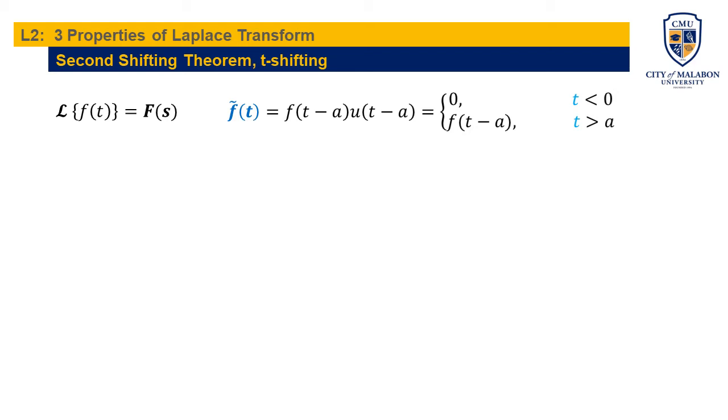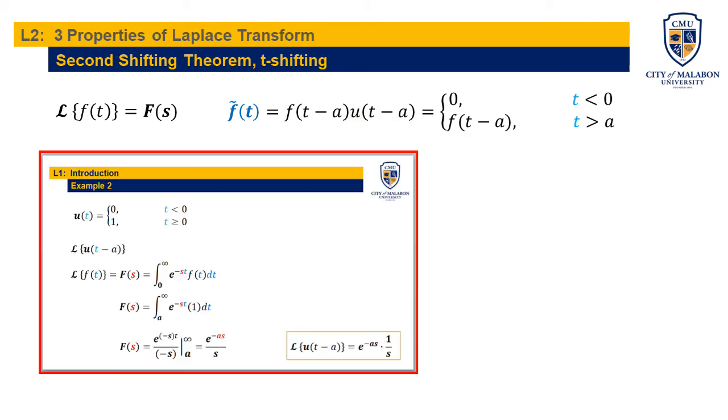So, kung maaalala natin itong u of t minus a, sinolve na natin yan doon sa ating first lesson, right? Yung example number 2, yung tinatawag nating step function or yung heaviside function. So, nalaman natin that the Laplace transform of this step function u of t minus a is equal to e to the minus as times a minus a over s.